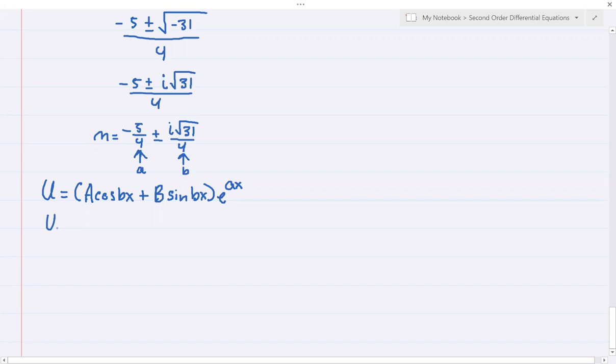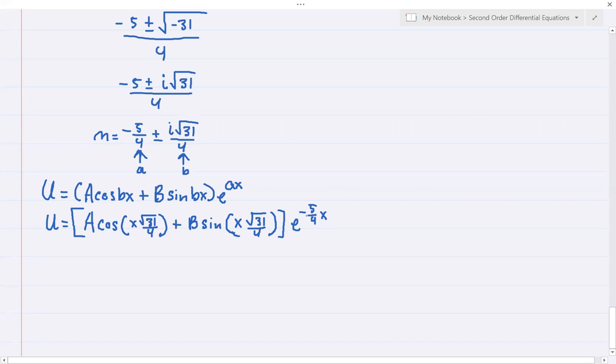So we're going to have your u as quantity a times cosine of x times square root of 31 over 4, plus b times sine of x times square root of 31 over 4, times e raised to negative 5 over 4 times x.